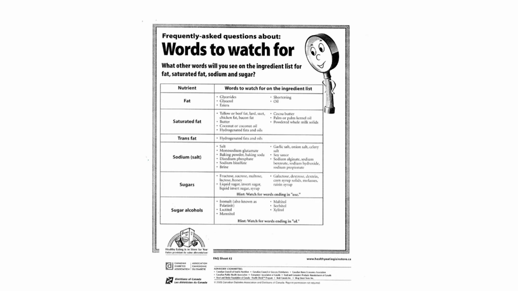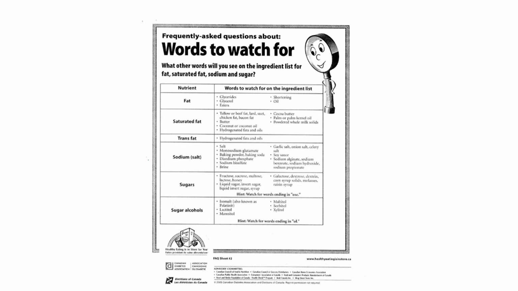Like if we take a look at the sodium or salt side of it, if you're looking at the ingredients, you might find salt in there, you might find brine, you might find things like soy sauce or garlic salt, but all those things will be counted as sodium. So if you're seeing more of those words, then you know the food is going to be higher in sodium.